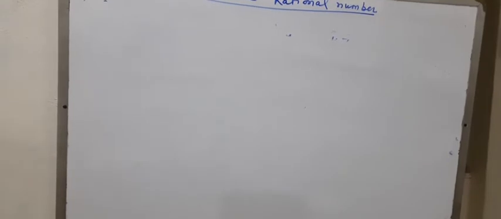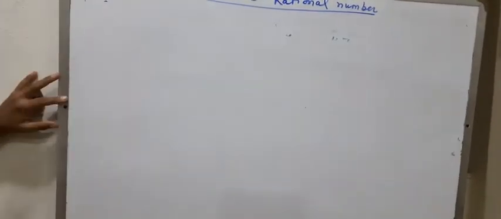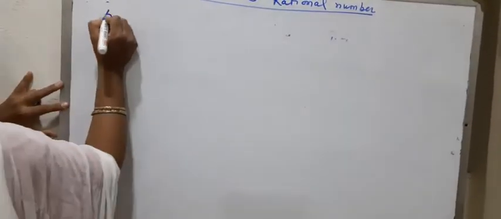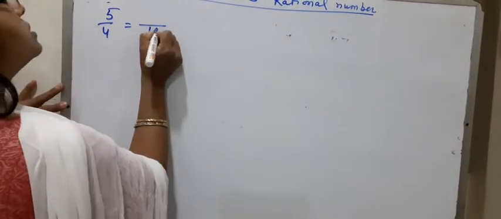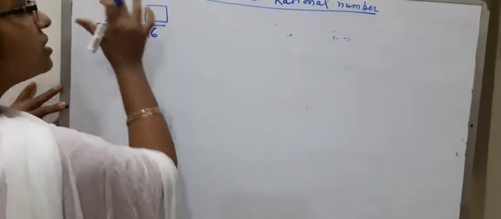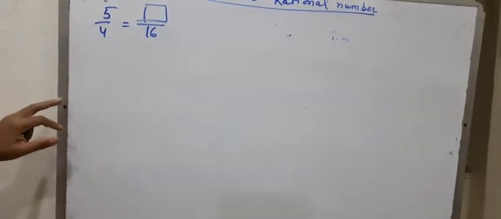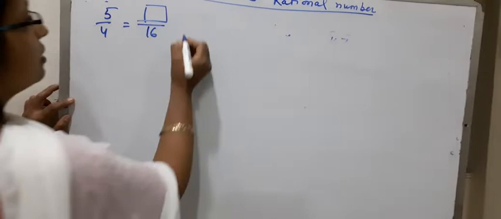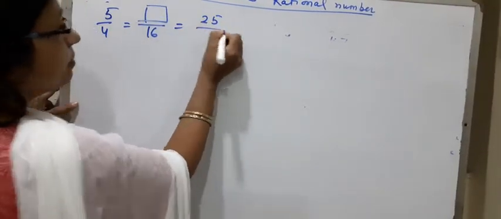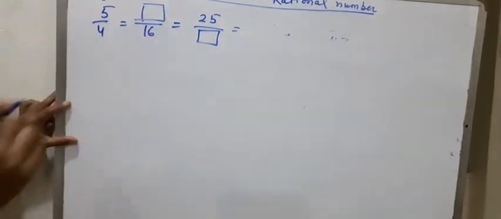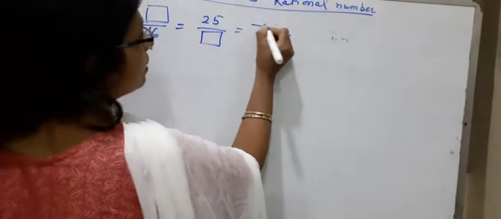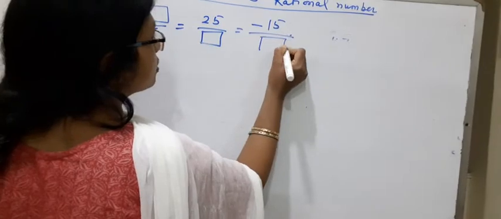In equivalent rational numbers, for example, 5 upon 4. This question is in the textbook, page number 175. 5 upon 4 is equal to 25 upon this box, is equal to minus 15 upon this box.